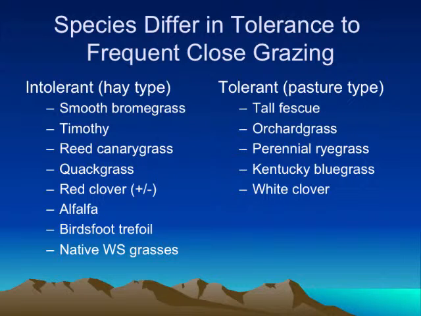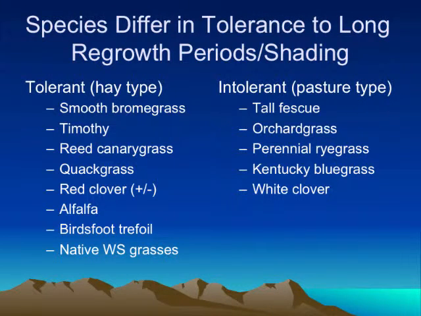Some are more intolerant than others, and over here some are more tolerant. But let's go back here. If I have long periods, where can I use this intolerance? We have tall fescue here. If you have toxic tall fescue, the old-fashioned Kentucky 31, we can use this knowledge to our advantage. And this is where the long rest interval comes in.